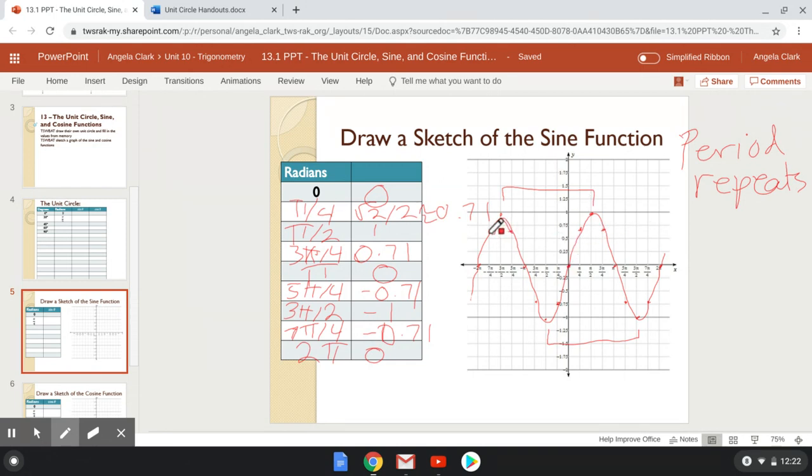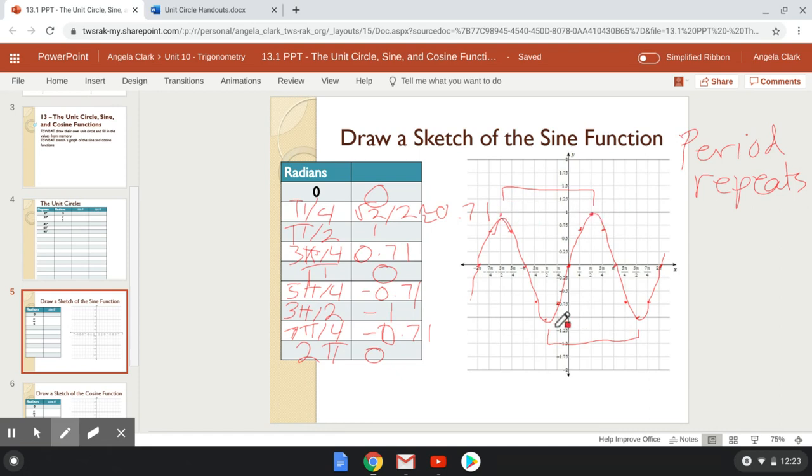So if I started here, it'd be a weird place to start, but I would go like this, and then it starts repeating again. So I'd stop here. That's one period away from here, and so it's going to be the same distance. If you look at what distance this is, it's actually 2 pi. A period for sine that doesn't have any transformations on it is going to be 2 pi.